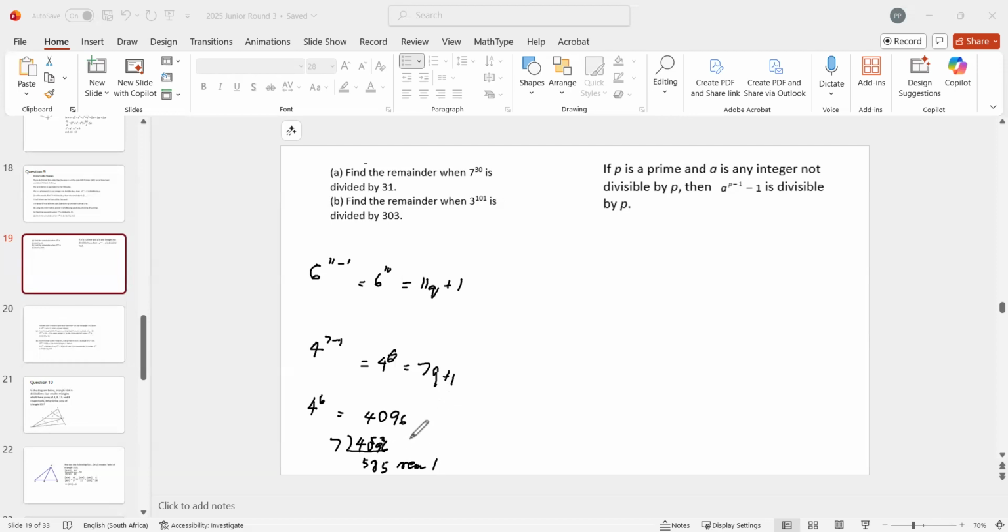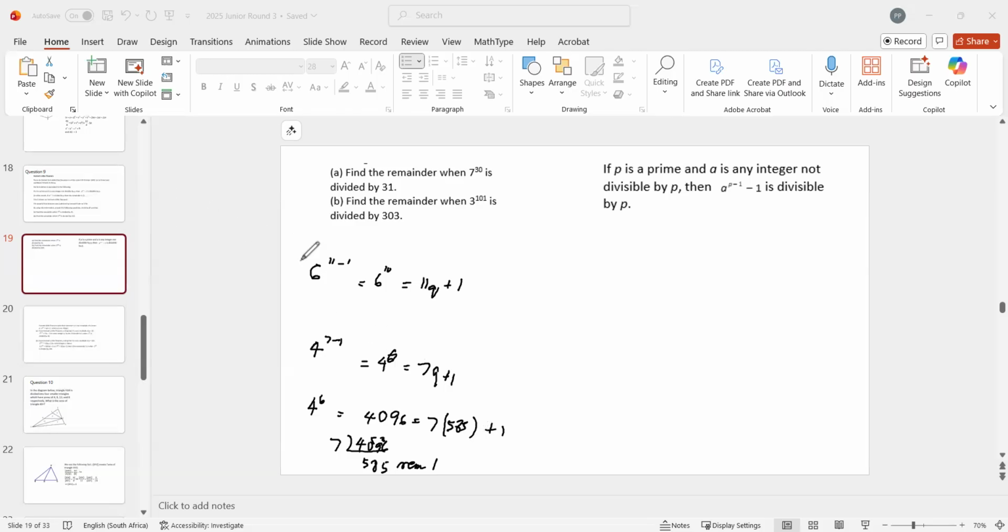So in this particular case, this is equal to 7 times 585 plus 1. 7 times 585 is 4095, and you add 1 to it, equal 4096. So this is your 7q plus 1.